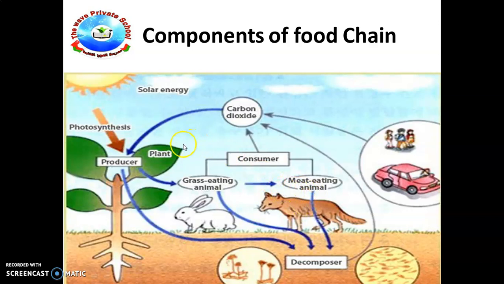So here you can see plants are eaten by the grass eating animals, and these are eaten by the meat eating animals. That means the producers are eaten by the consumers, that means primary consumers, they are herbivores.